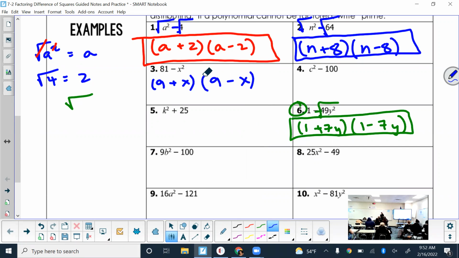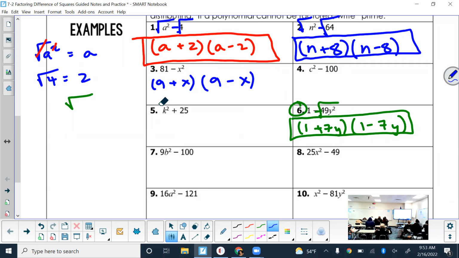All right, now what about number 5? Is that a difference of squares? Why not? Good, since it has a plus sign in the middle, that's not a difference of squares. So I cannot use the difference of squares rule on this one. Can I factor out anything else?